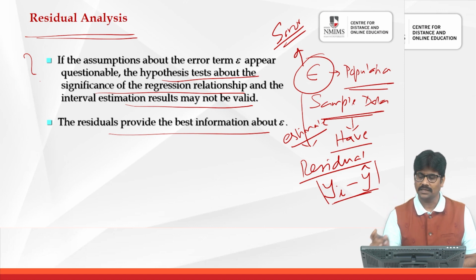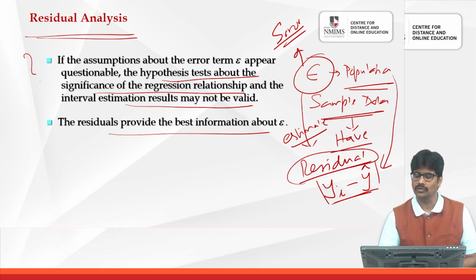What is the objective of statistics? Understanding the population through the sample. That means if the residual follows the error assumptions that were taken initially, then it can be understood that the error assumptions are validated. So, we check the error assumptions through the residual because this is the data set we have.